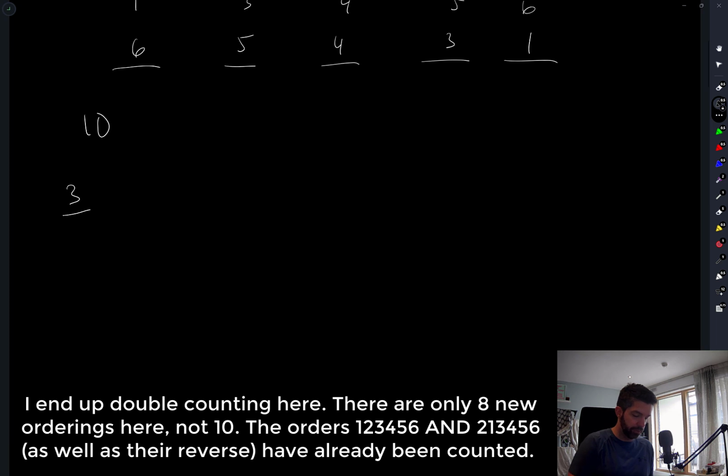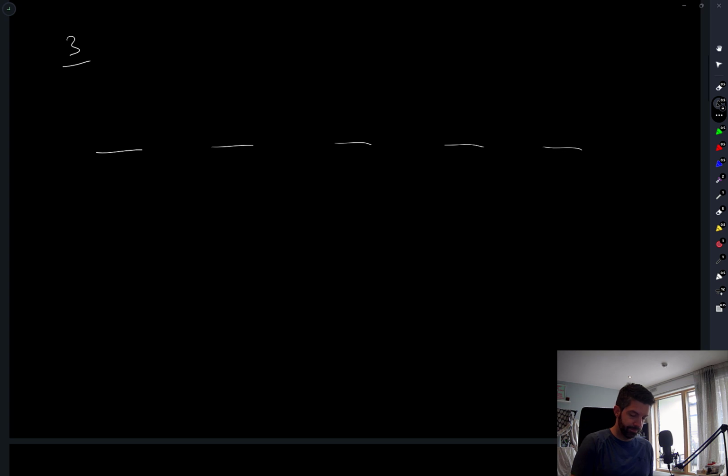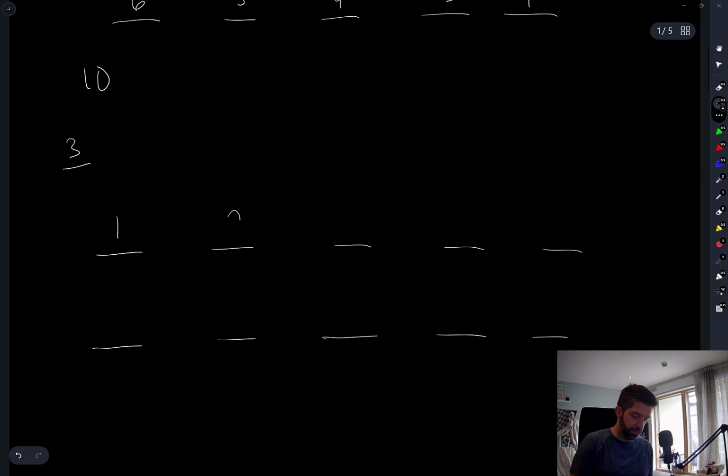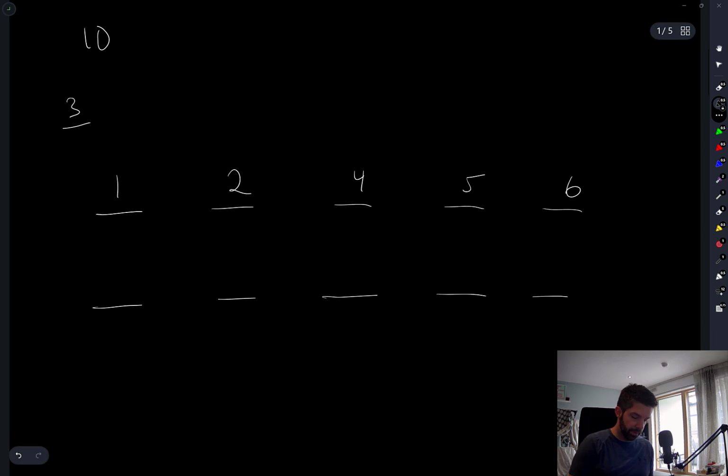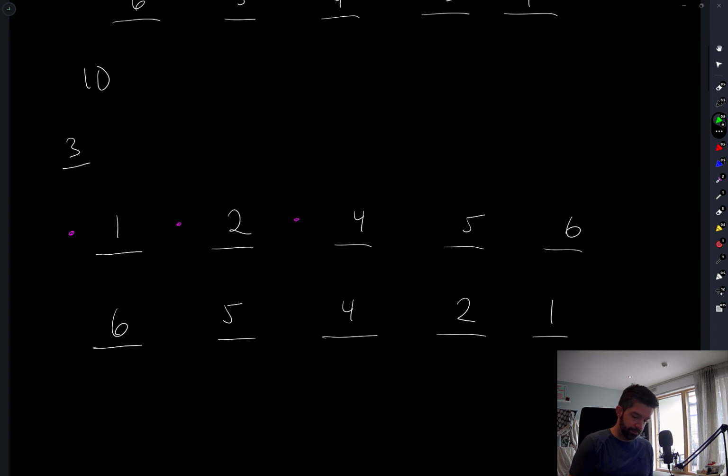So if 3 is the one that's going to be removed, the other 5 have to be 1, 2, 4, 5, 6, or 6, 5, 4, 2, 1. So 3 can go, there are 6 places it can go here, and 6 places here. But let's count which of these have already been found.